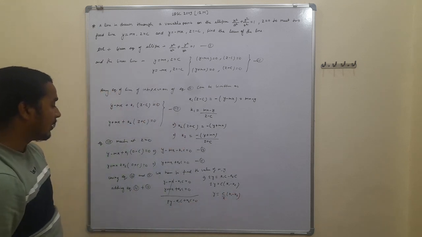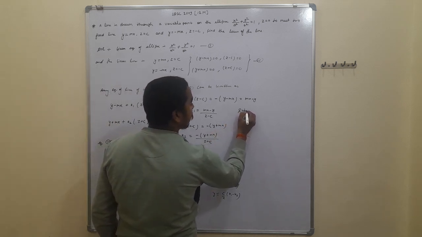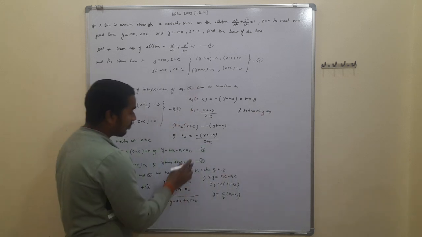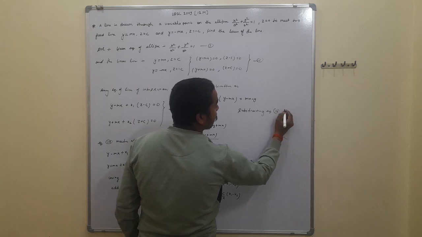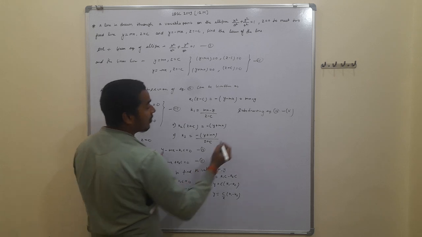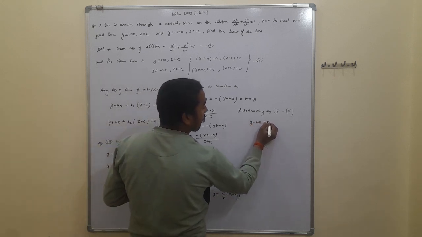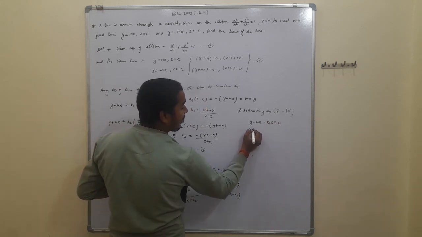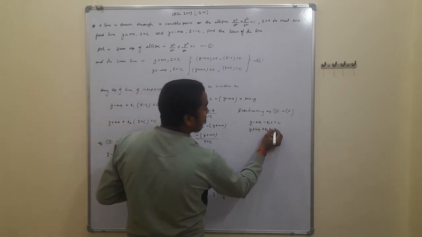Further we find the value of x, then subtracting equation 4 from 5th, that is equation 4th is y minus mx minus k1c is equal to 0, and equation 5th is y plus mx plus k2c is equal to 0.